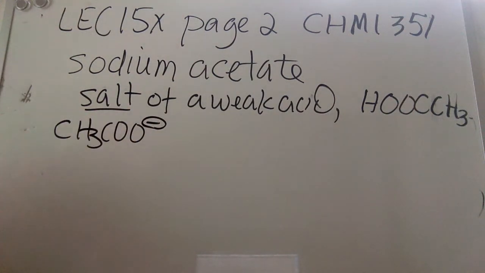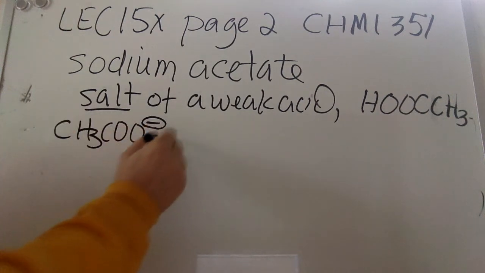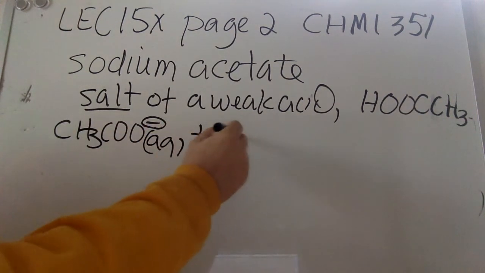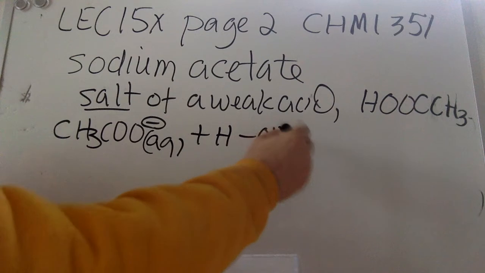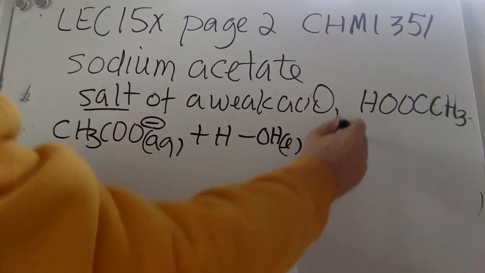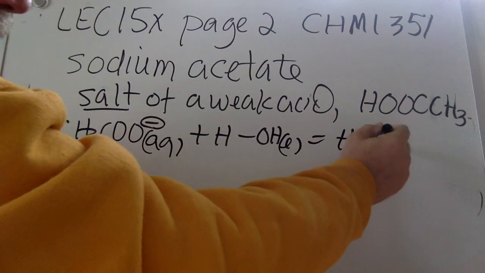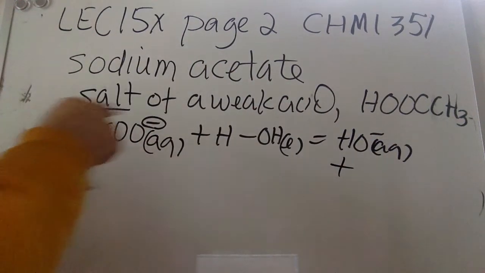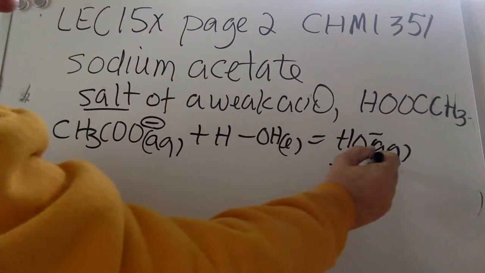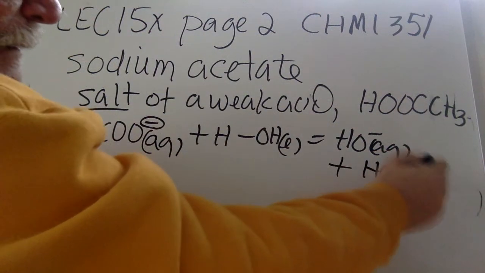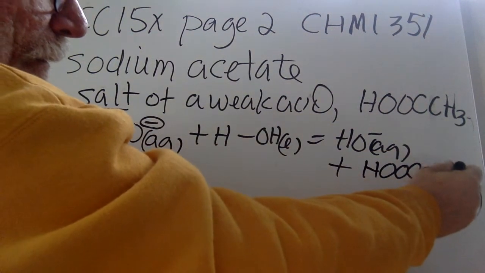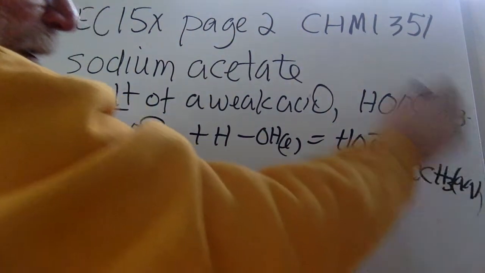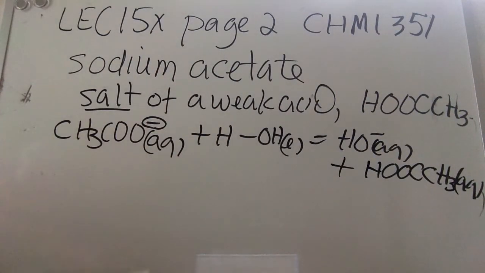If it acts like a base, then we should get hydroxide ion in solution. So let's hydrolyze water. And what we get is hydroxide ion, aqueous, plus the conjugate of the acetate ion, which is acetic acid. But then who in fact determines the acidity or basicity in water?